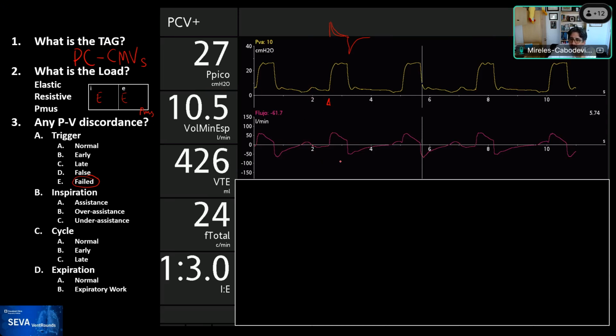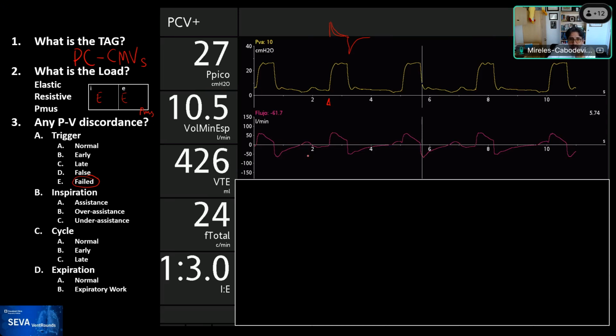Now, Ariel said those could be cardiogenic oscillations. Certainly they could be. There are some features you want to see when there are cardiogenic oscillations, such as the frequency is usually faster, so you'll see them a little bit more regular. But here you can see one, and you see another failed trigger over here. You see how it crosses and drops the pressure, but it doesn't trigger a breath.